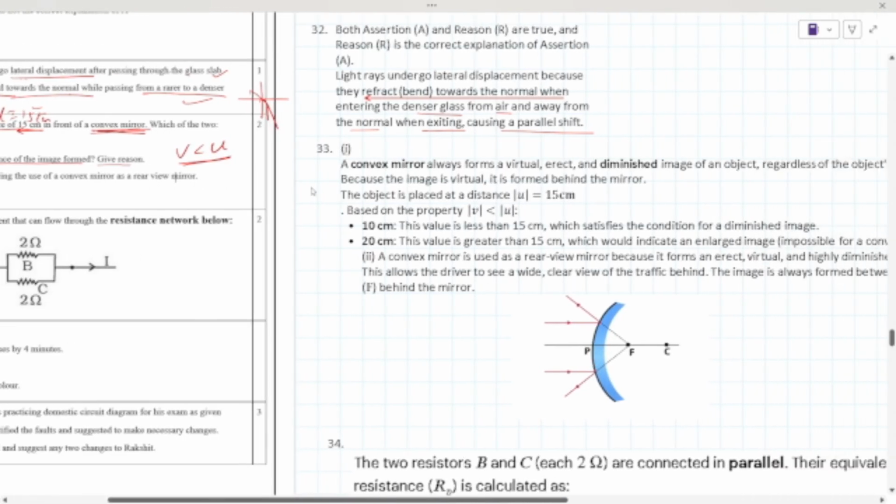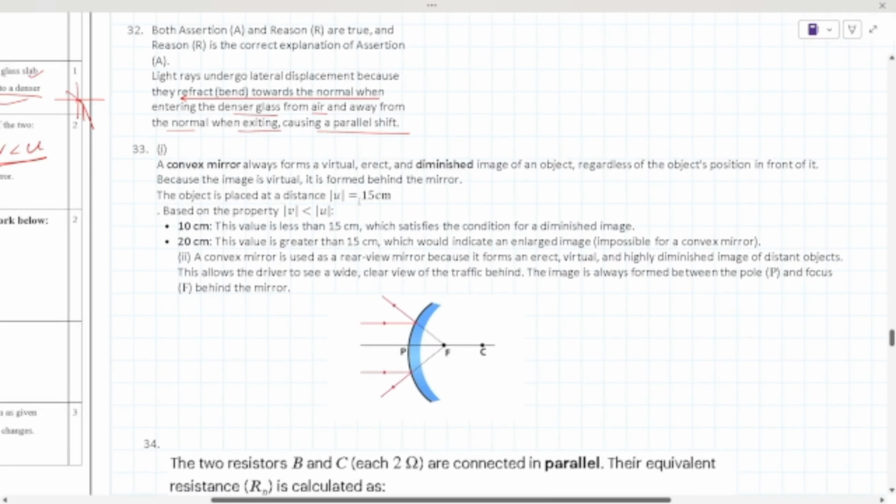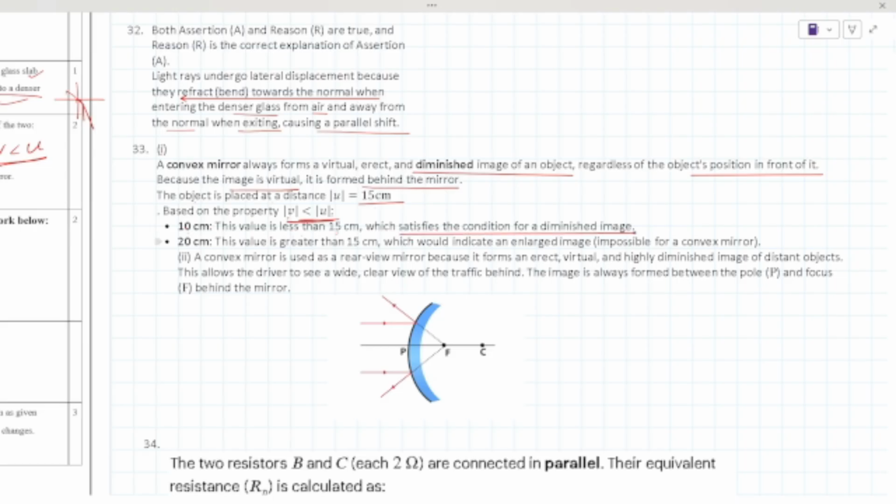Now let's see the explanation. The convex mirror always forms a virtual, erect and diminished image of an object, regardless of the object's position in front of it, because the virtual image is formed behind the mirror. Based on this property, the distance of the image will be less than the distance of the object. 10 centimeter is very less than 50 centimeter, which satisfies the condition for a diminished image, right?